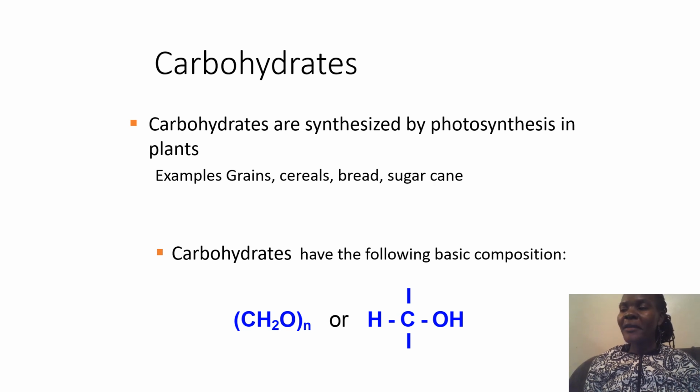Carbohydrates are synthesized by photosynthesis in plants, and the best examples we know are grains, cereal, bread, sugarcane, name it. There are many examples. They have a composition of carbon, hydrogen, and oxygen.